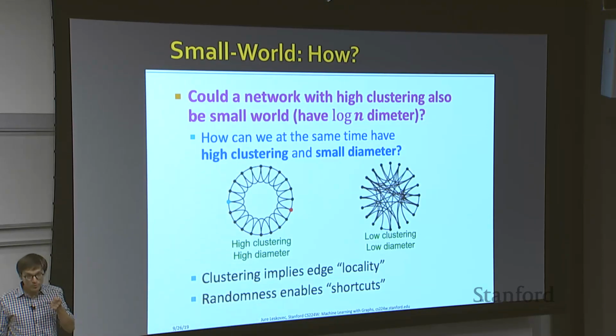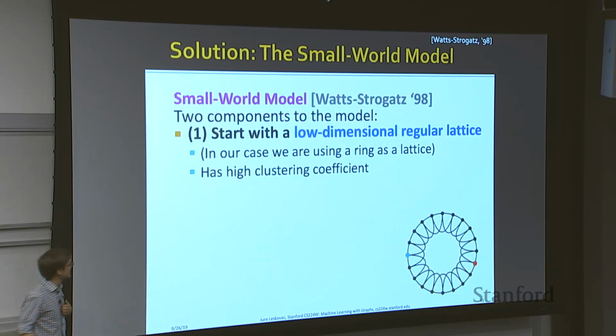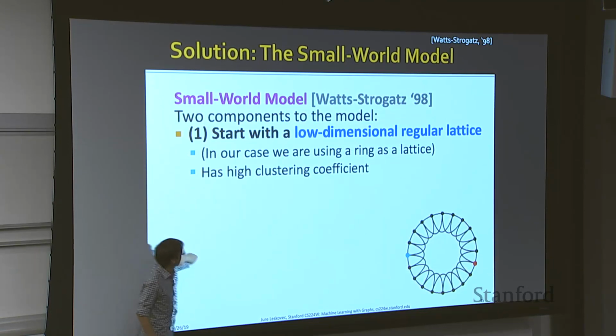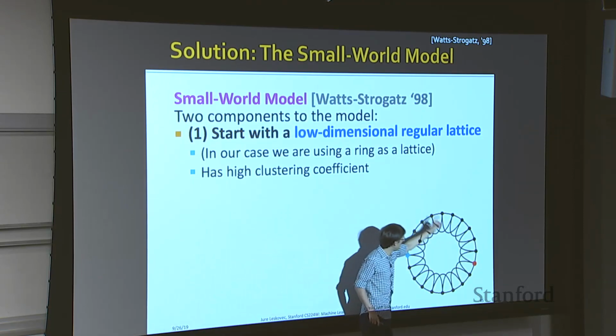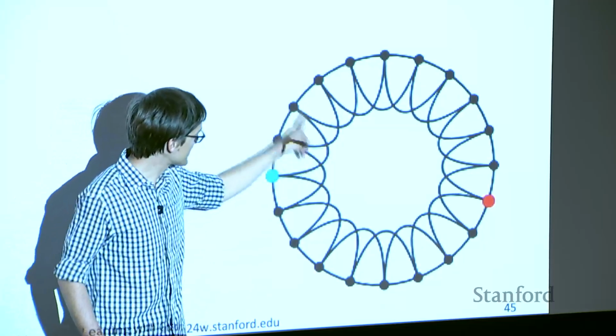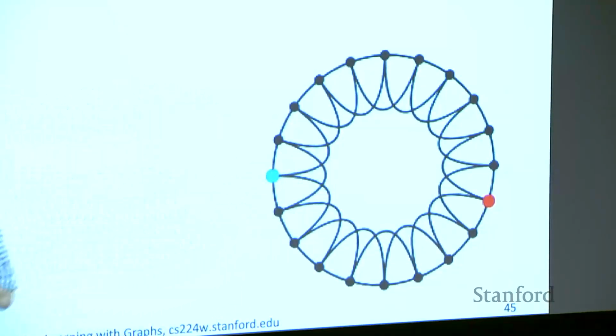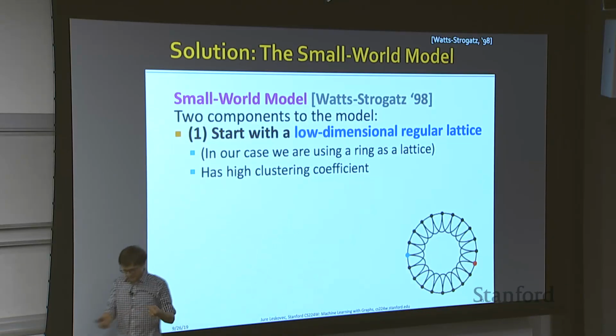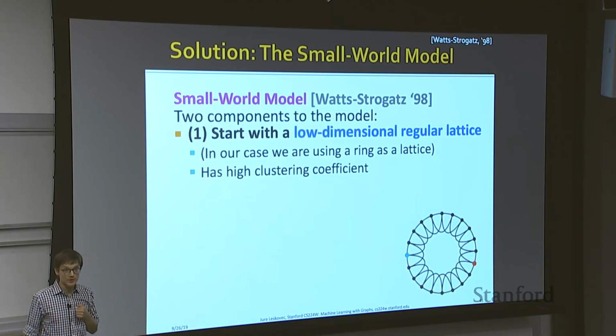And the solution is a very elegant model, which says, let's start with a low dimensional regular lattice. So in our case, this would be nodes on a circle where every node links to the two friends next to it plus friends of friends. So this will now have a high clustering coefficient, because basically this has a clustering coefficient of 1.